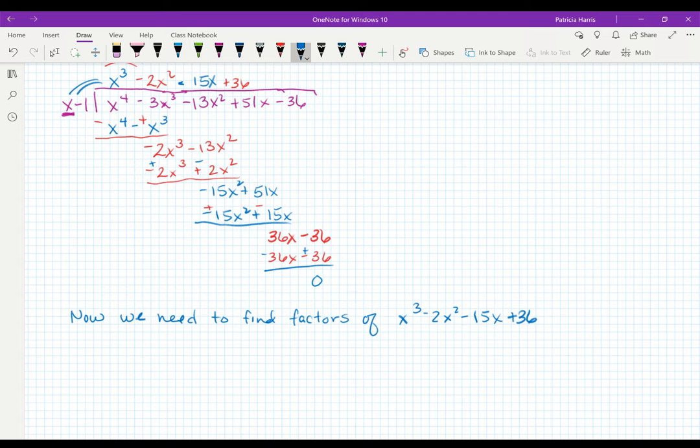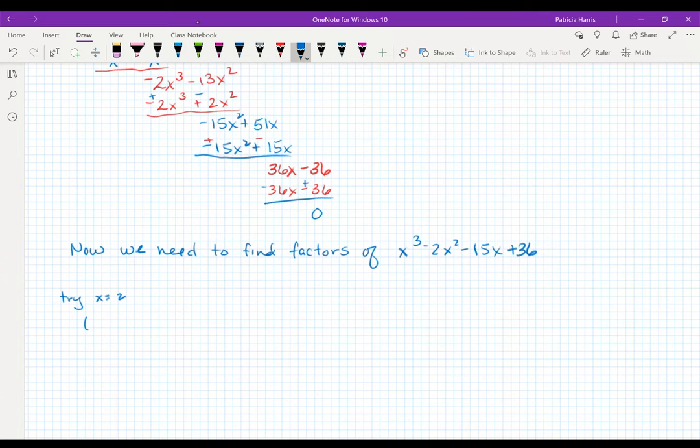So I would try 2. If I try 2, I get 8 minus 8. Looks promising, but I actually get a 4.